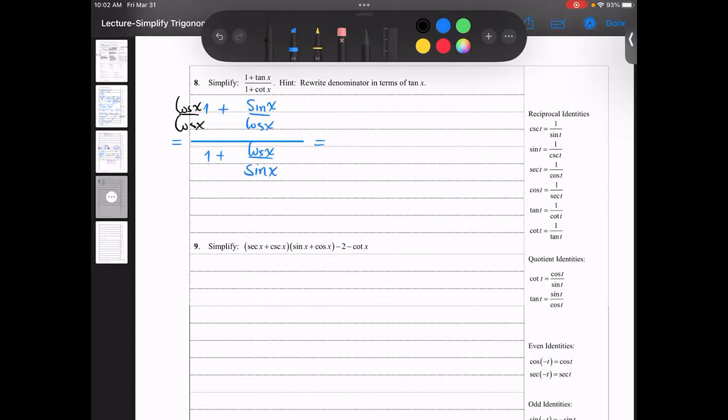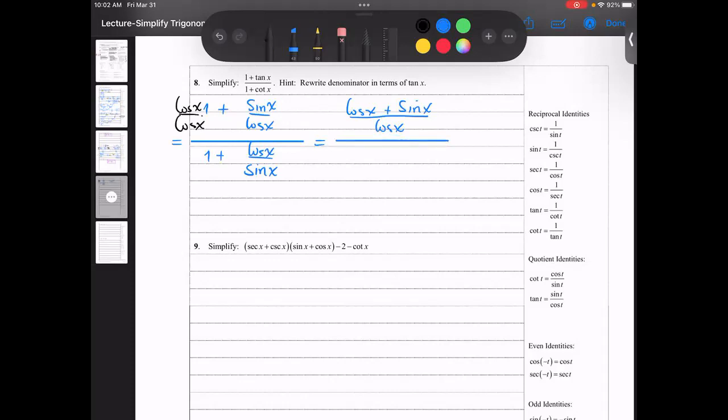So I multiply top and bottom of the first by cosine x over cosine x, which is 1. Then you add across: cosine x plus sine x. On the bottom is now the common denominator, which is cosine x. We're done with the top for now. Now take care of the bottom.